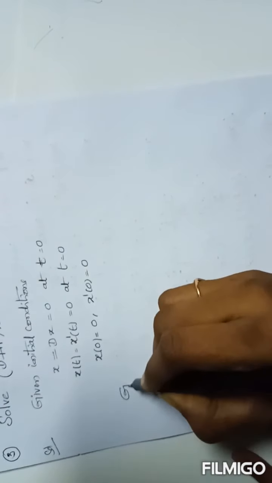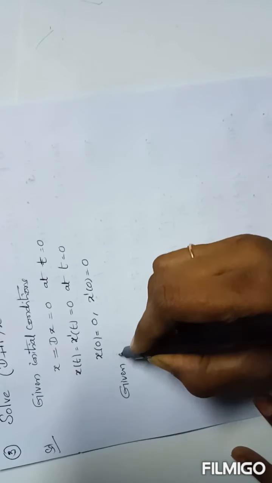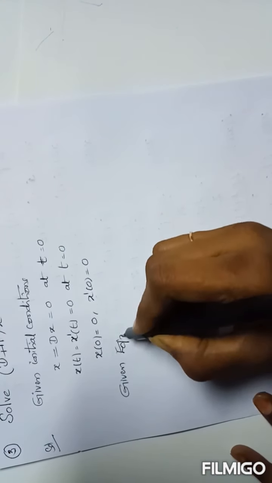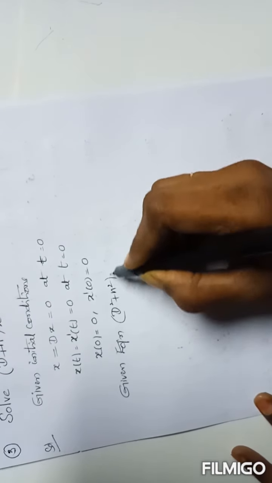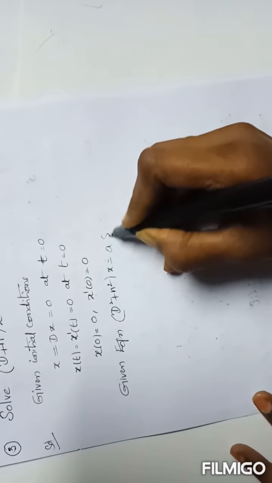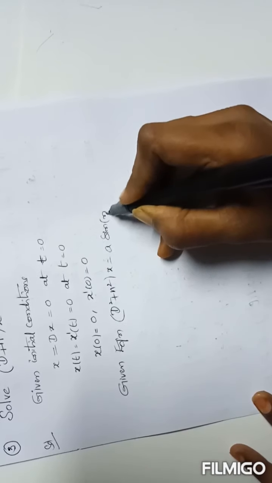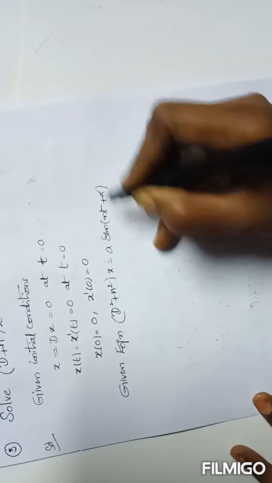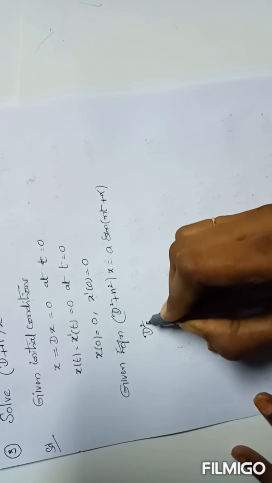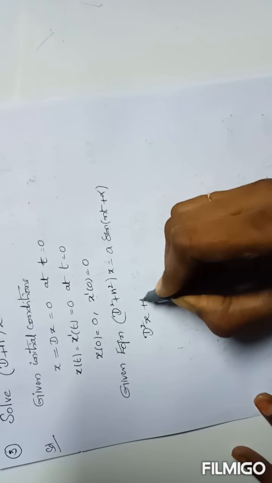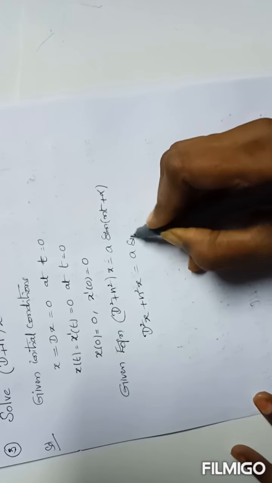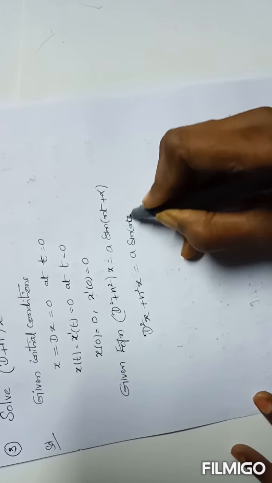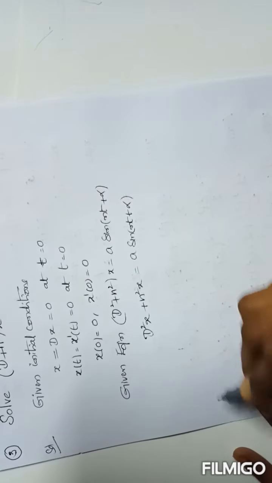Now the given differential equation is D square plus n square of x equals a sin of nt plus alpha. Here it is written as d square x plus n square x equal to a sin of nt plus alpha.